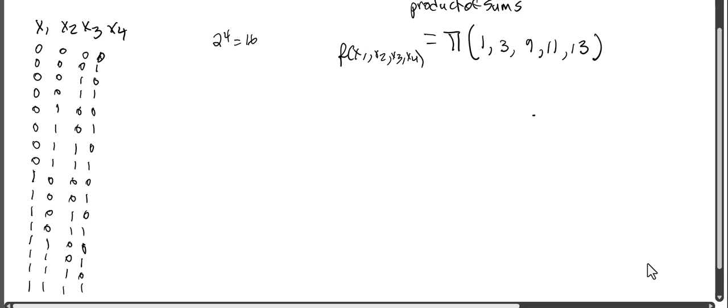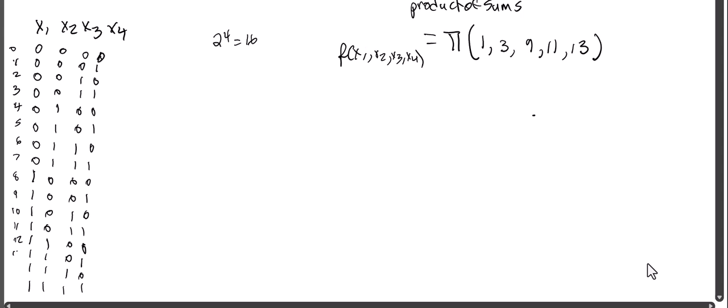And what I've done here is I have written the binary numbers from 0 to 15. So this is 0, 1, 2, 3, 4, 5, 6, 7, 8, 9, 10, 11, 12, 13, 14, 15.